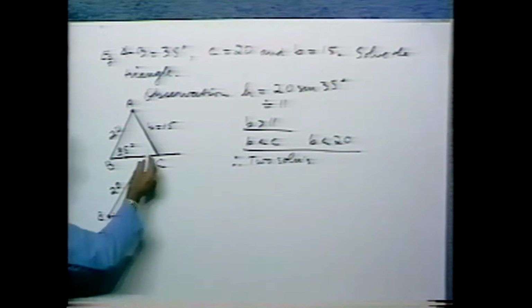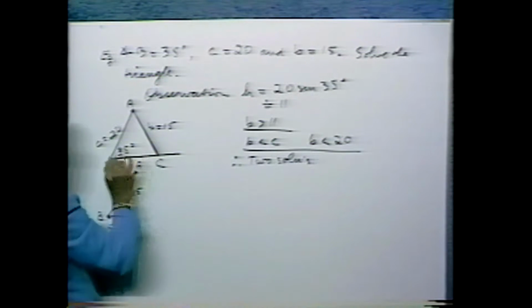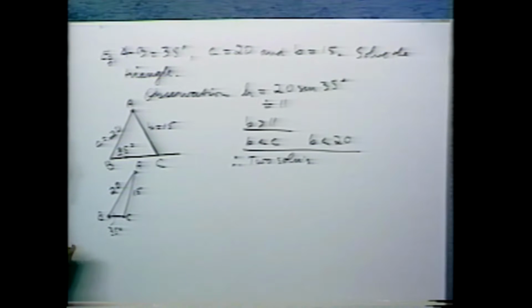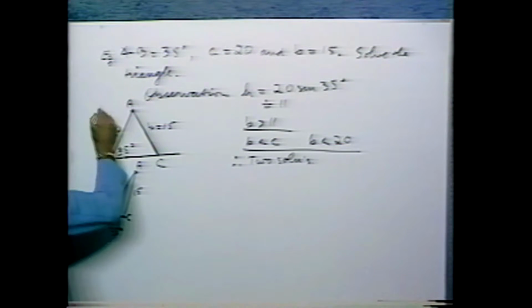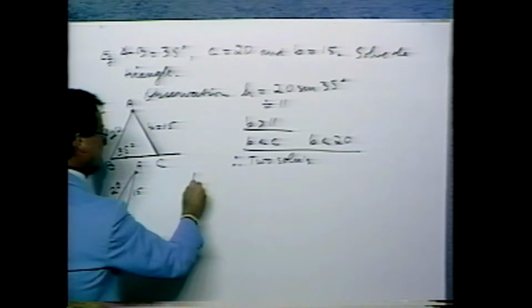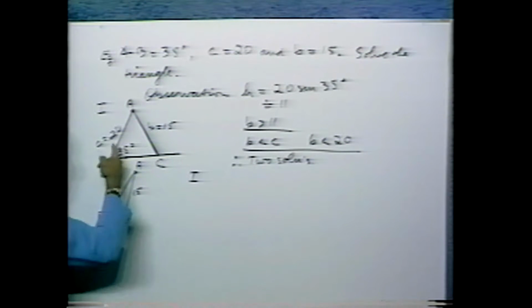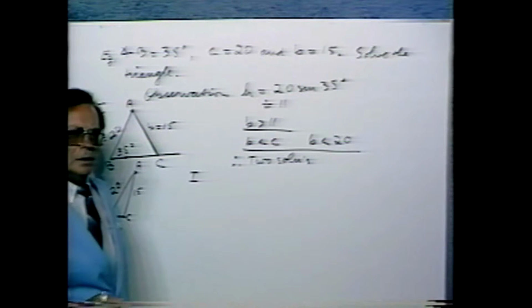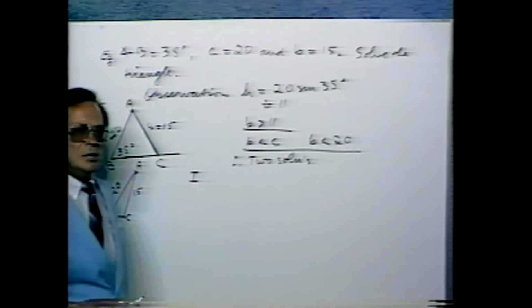Let us begin. We have two sides and this angle not contained. Let's refer to this as diagram 1. There are two sides and two angles in the sine law.